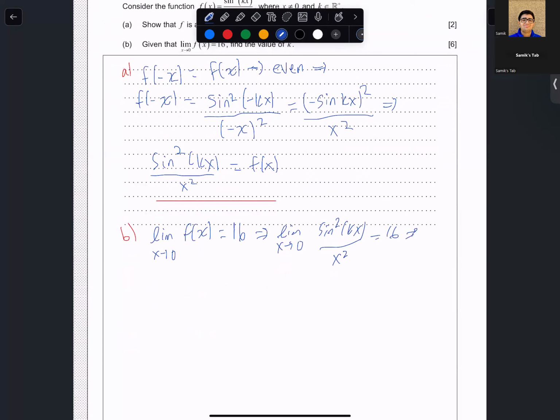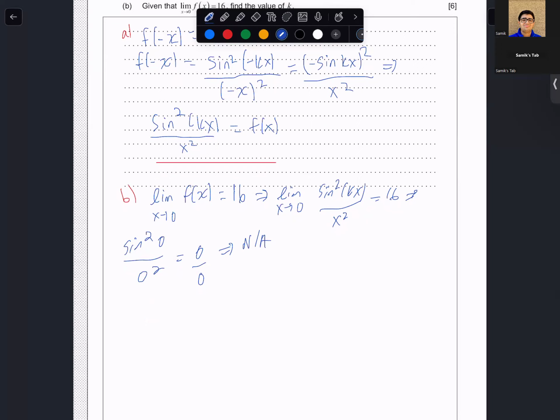Now, if I want to find the value of k, first let me put in the 0. This becomes sine square 0 upon 0 square. Now, in limits, if you have something like this, this will equal 0 upon 0, right? This is what we call the indeterminate form, so you can just write NA.